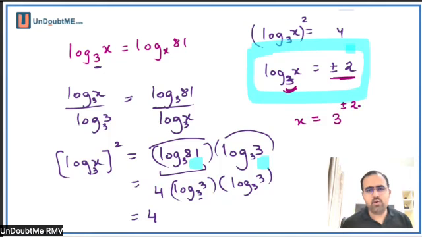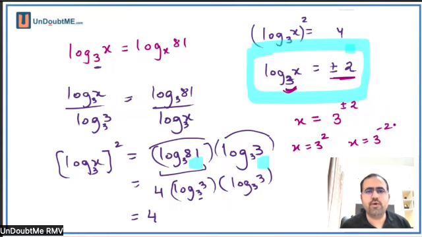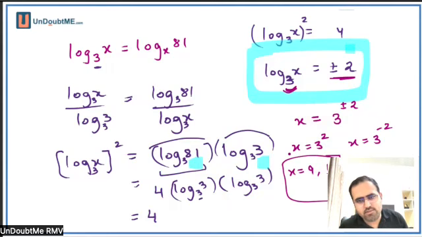I'll be getting two values of x, 3 to the power 2 and 3 to the power minus 2. So x is equal to 3 square and x is equal to 3 to the power minus 2. Both of them will give me the same answer. This question was to get the x value. So 9 and 1 by 9 are the final answers.